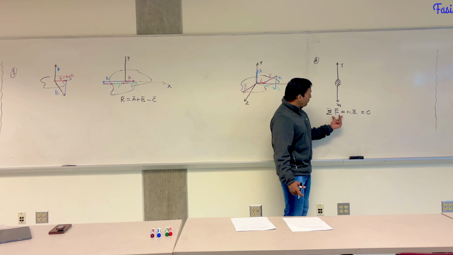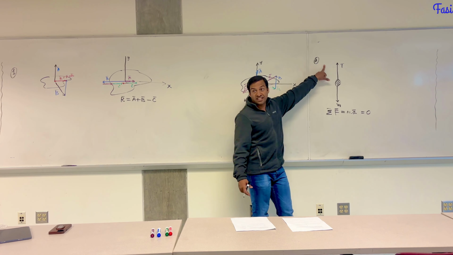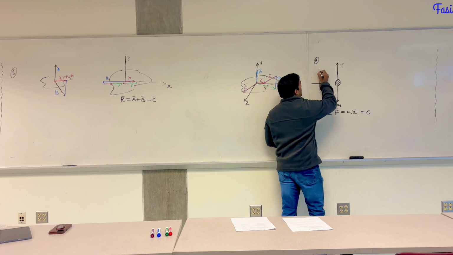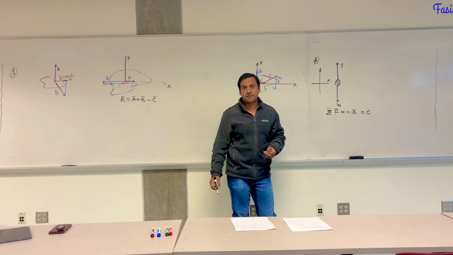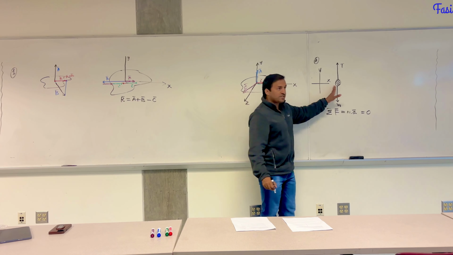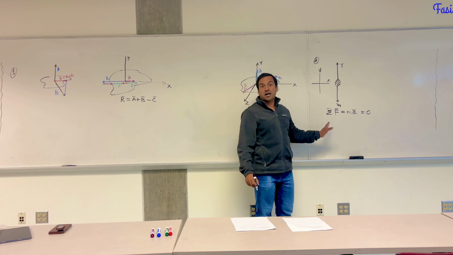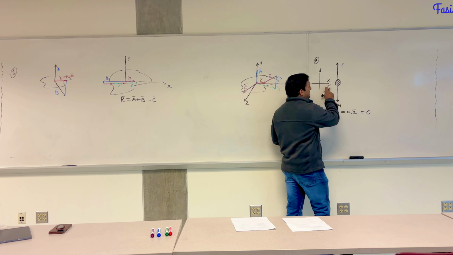Now what are the forces in the system? We have weight and we have tension force. Then you choose your coordinate system. Let's say the positive y-axis is upward and the positive x-axis is towards the right. This crate moves upward or downward. It doesn't move sideways, which means there's no motion along the x-axis.